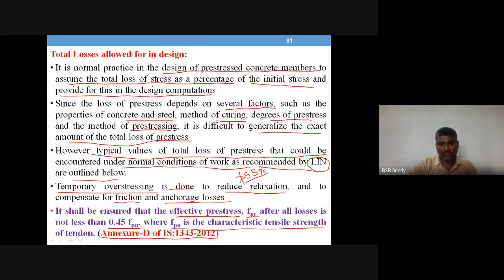The total loss of pre-stress cannot be more than 55%. So effective pre-stress after all losses shall not be less than 45% of characteristic strength. Okay, this is a design requirement.